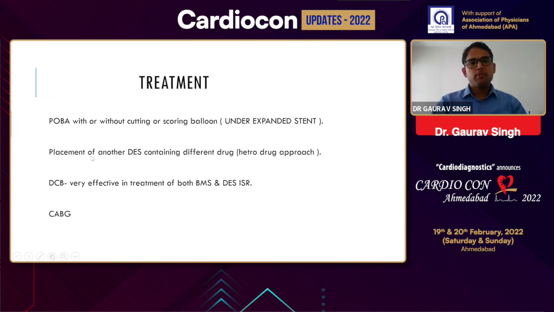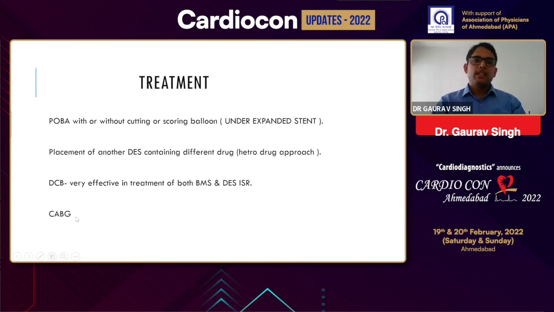Another upcoming treatment modality is DCB, that is a drug-coated balloon. It is very effective in treatment of both BMS and DES ISR, and it does not add an additional layer of metal, and is technically simple. So DCB is an upcoming treatment modality for DES ISR.